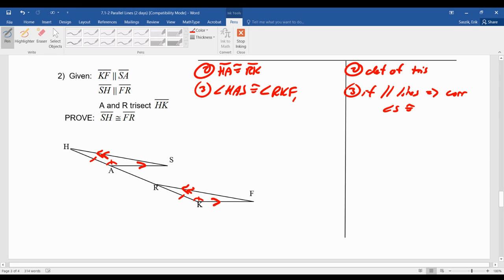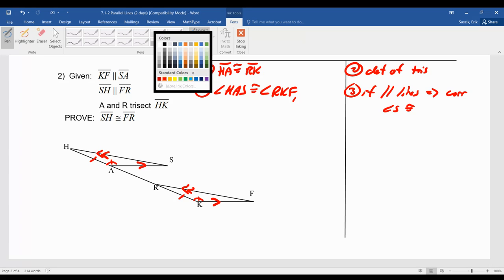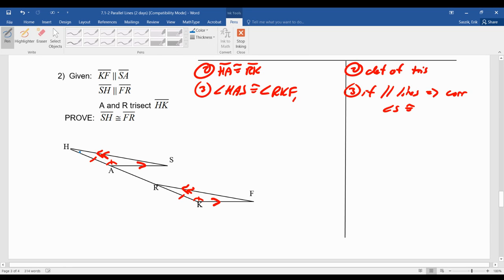But you know what? I see another set based on the double tick marks. I'll do those in blue. I can get this congruent to that. Those are also in the same position, right? Okay. So I'm going to say angle H congruent to angle KRF, and that's in the same step.